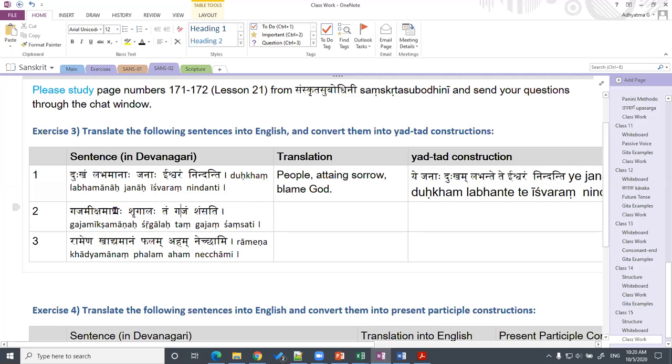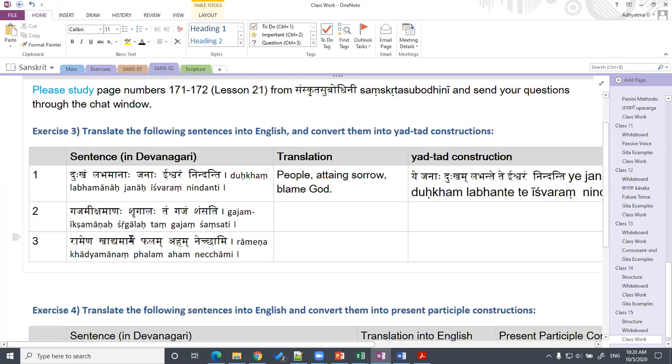Gajam ikshmanaha. So remember, Ikshmanaha is the participle verb for Shrugalaha. Ikshate is the verb form, and Ikshate means sees.